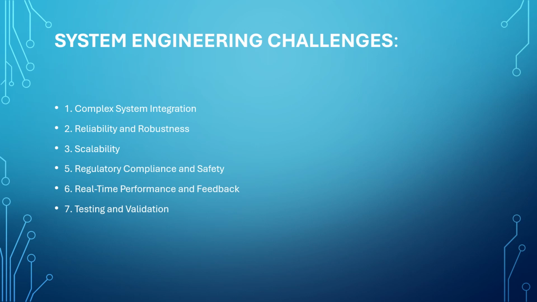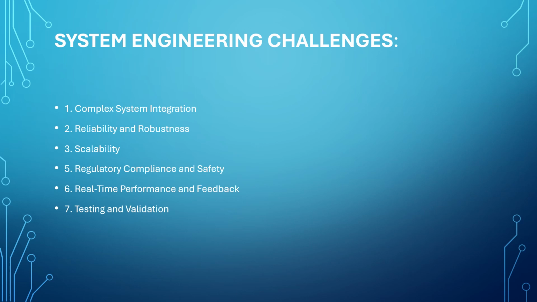The sixth challenge is real-time performance and feedback. So latency and response times: the system must give real-time feedback based on brain activity, which necessitates reducing data processing and response time. Providing near instantaneous input while maintaining accuracy and reliability is technically difficult.